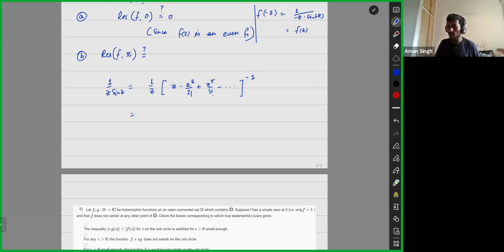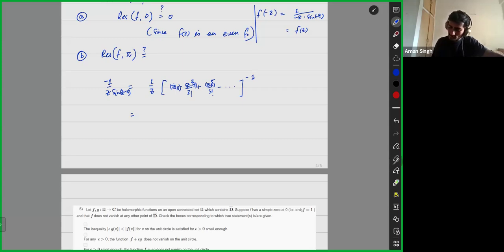But we have to expand around pi. That is also something we have to take care of. So minus we can take here, and it becomes z minus pi. So this is z minus pi everywhere. Okay, till now it is fine.